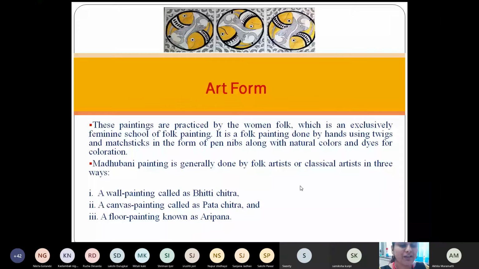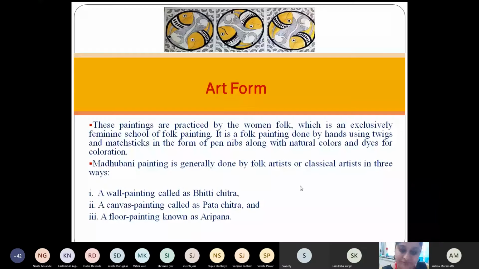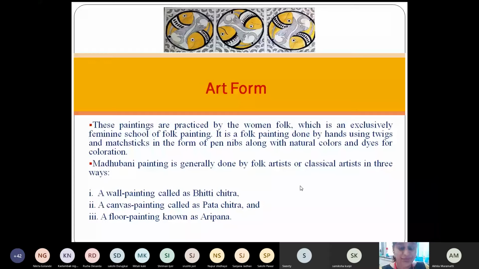So what does this art form really consist of? There are three different varieties in Madhubani itself. You might have heard about Pattachitra, right? Pattachitra is one of Madhubani's art forms. You will find that Pattachitra paintings are quite similar to Madhubani, and you often get confused with it.